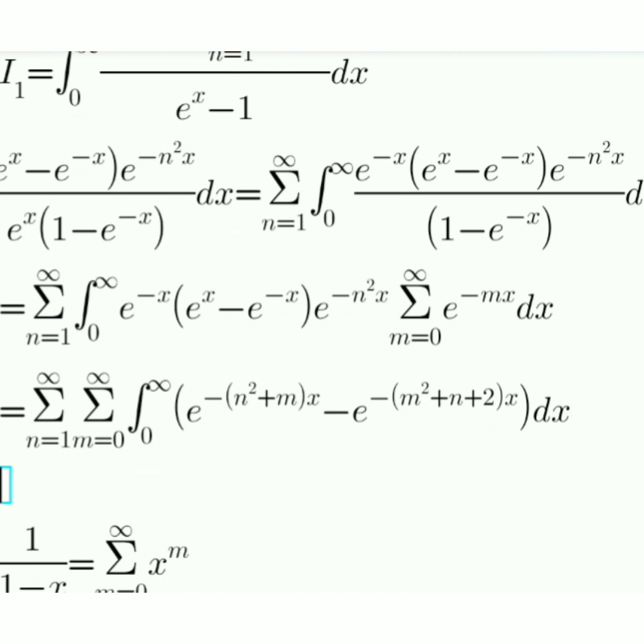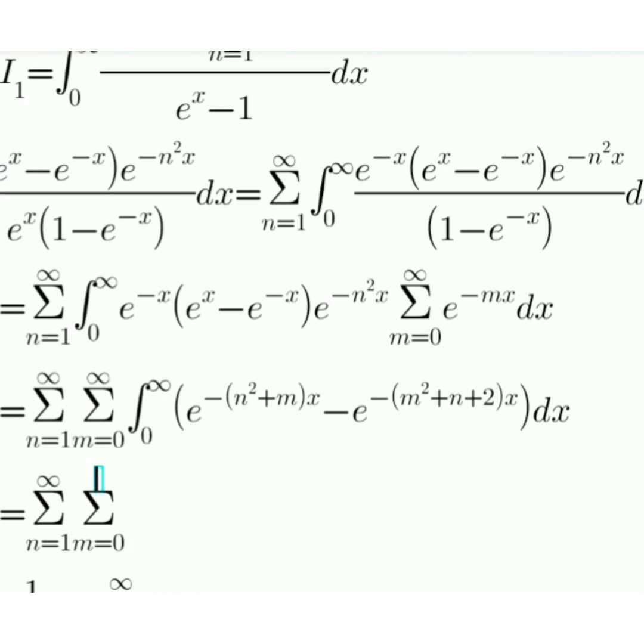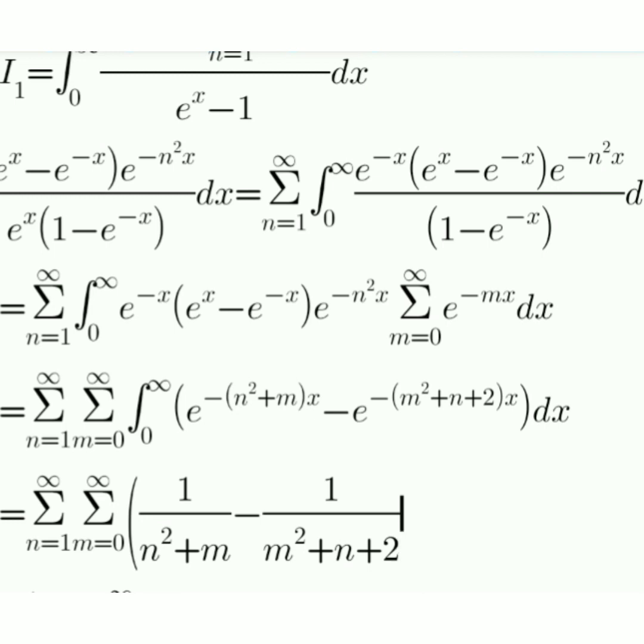So friends, according to the limits, n equals 1 to infinity and m equals 0 to infinity, the integration's value will come this way: 1 by n square plus m, minus 1 by m plus n plus 2.